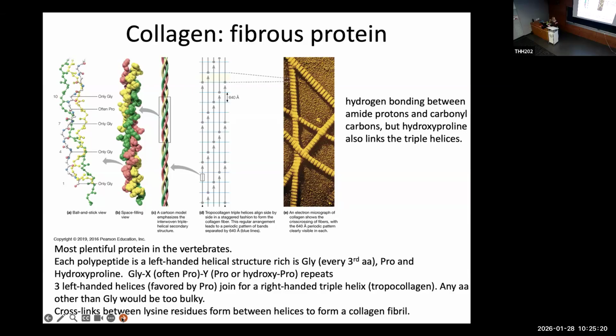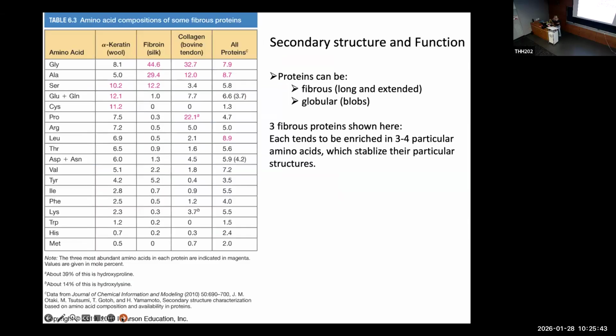And this is called a collagen fibril. So these tropocollagens are held together into a fibril by cross-linking between lysines. And we see quite a few lysines here too.